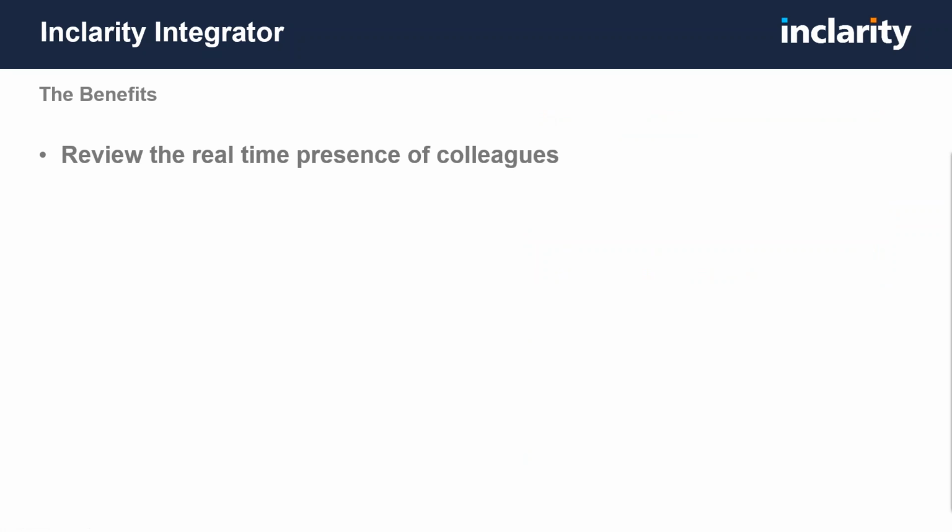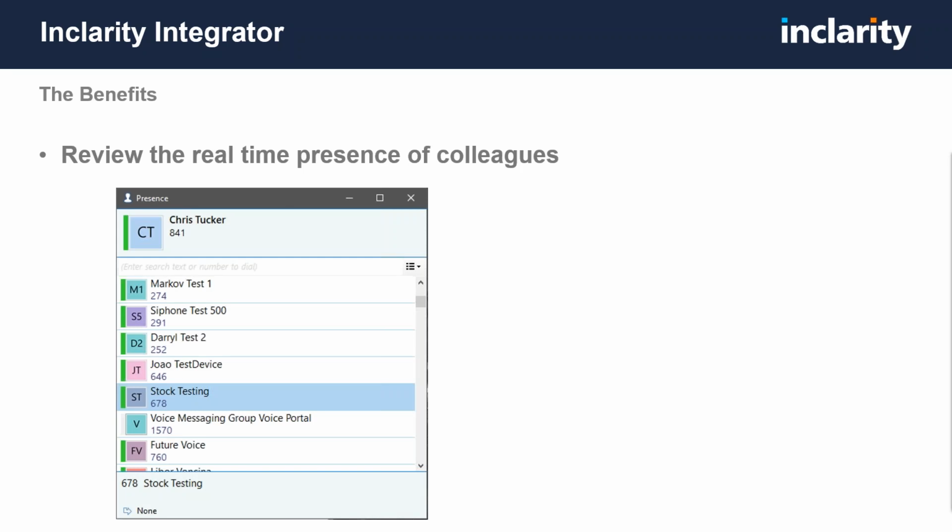You can review the real-time presence of your colleagues, bringing up a list of everyone within your customer's organization. Against each tile here, you'll see a color indicator. Green is generally that they are available, and if it was to go red, that indicates that that user is on the phone.